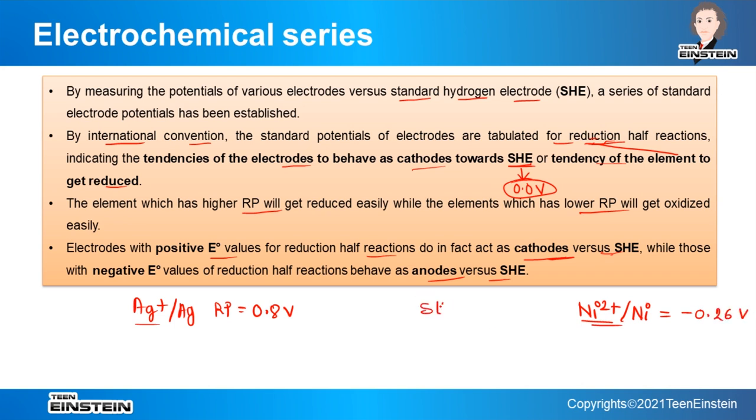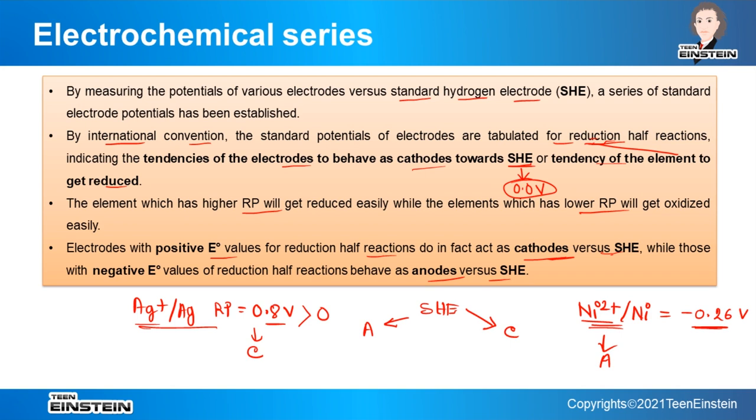Now with respect to SHE, if we connect it with the silver system, this will be the cathode and SHE will be the anode, because this value is higher than 0. Similarly, if we connect it with the nickel system, as it is a negative value, it will behave as anode, and SHE will behave as cathode.